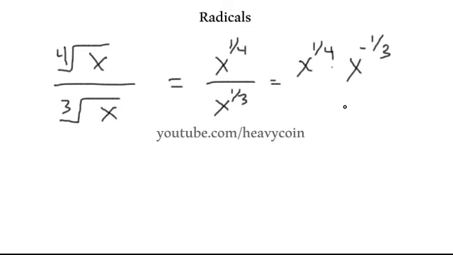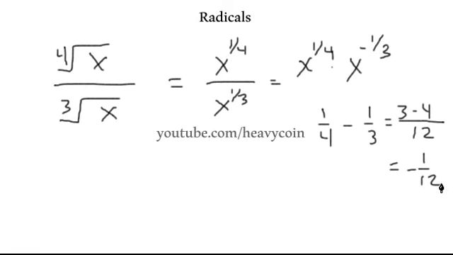Becomes negative 1/3. Now we're dealing with a fraction. And that's 3 minus 4 over 12, which is negative 1/12. So this becomes x to the negative 1/12. Well, you can rewrite that as 1 over x to the 1/12, because we want to write our answer with positive exponents.